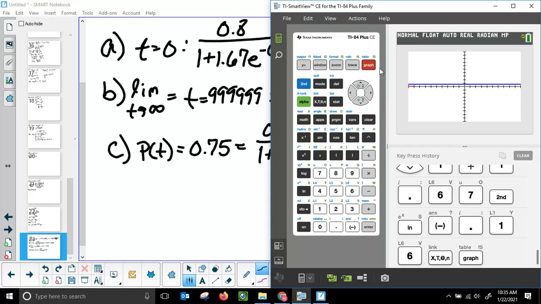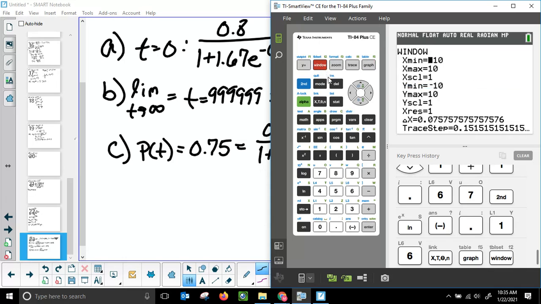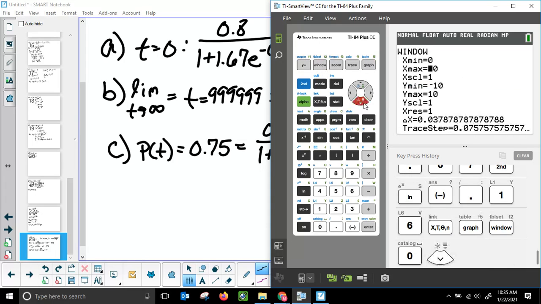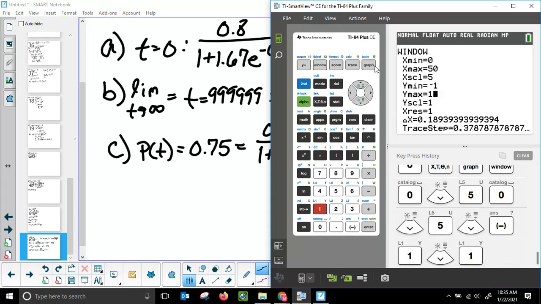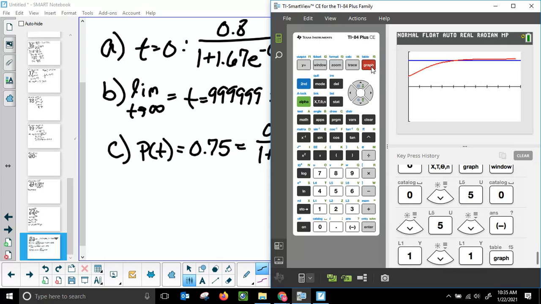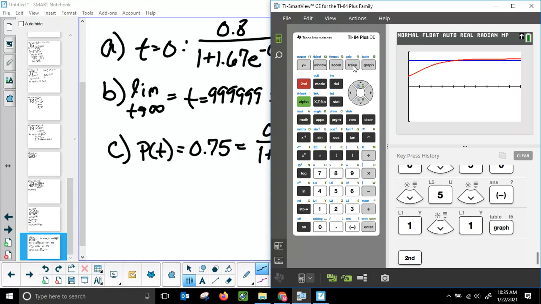So now all we have to do is graph these things. Clearly, we're going to have to mess with our window a little bit. So I will say 0 to maybe 50 with 5. Now we're doing percentages here, and it's really like from 0 to 1. So we can really just say like -1 to 1. That should be substantial. There we go. So this is easy enough to find our intersection.